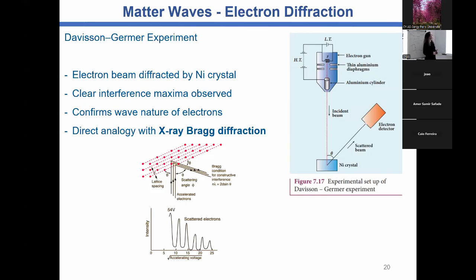It started with the Davisson-Germer experiment, where we have the electron beam here incident on, for example, a nickel crystal, and this beam has a wavelength in the order of atomic distance.